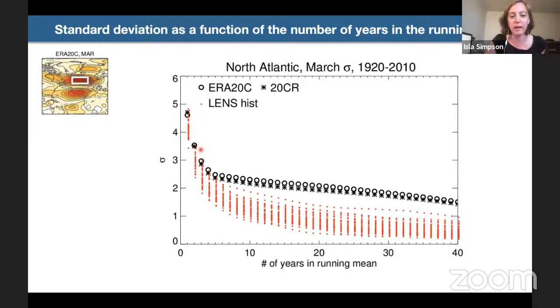So what you see is on the high frequencies, the observations lie within the distribution of the large ensemble. It's hard to say that there's anything wrong on the interannual variability, but when you get out to decadal, to multi-decadal timescales, you see that there's really much more low frequency variability in the real world.